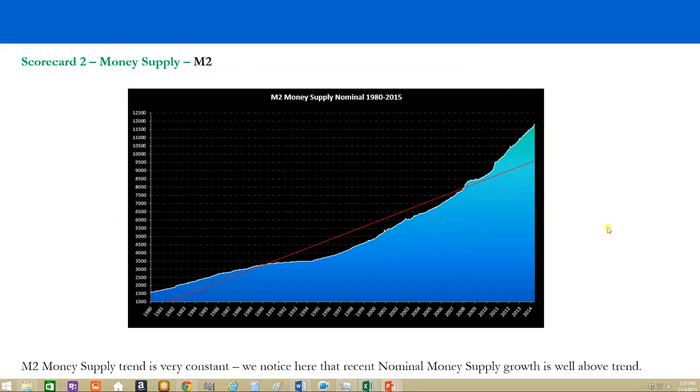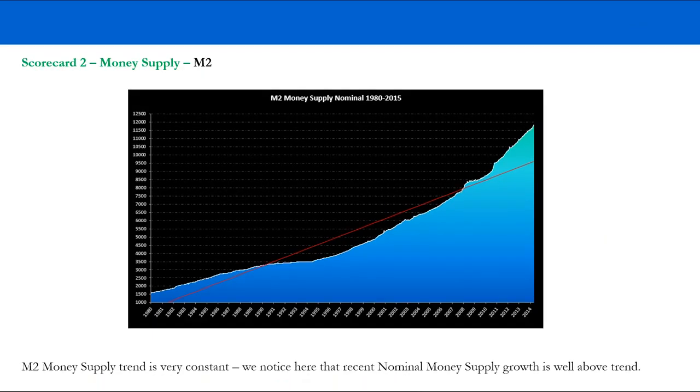So let's go through all of these numbers now, and building from the overall broader picture, we can see that when we just look at the nominal money supply, so we're looking at the numbers here of the money supply, so the overall money supply in billions of dollars, we can see that the trend is pretty constant. So we've calculated an average here. This chart is available in the endogenous analysis spreadsheet and inside the M2 tab, inside the M2 file.